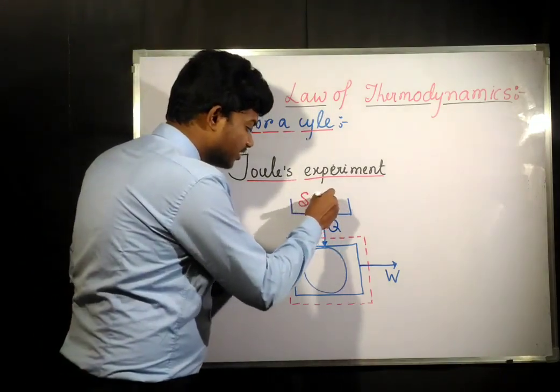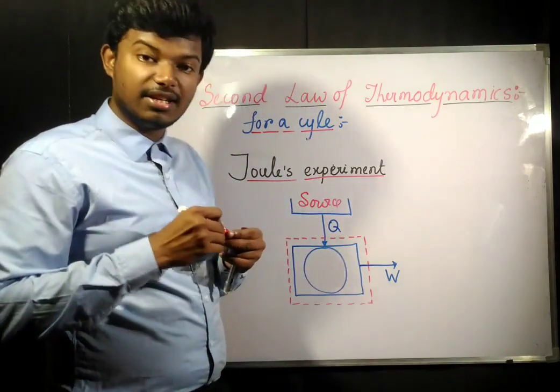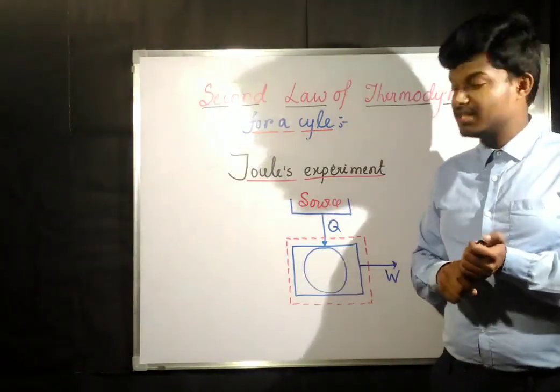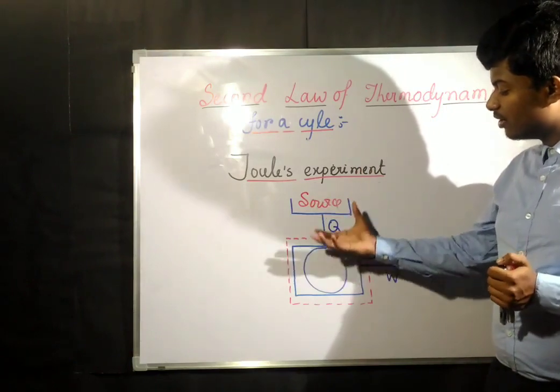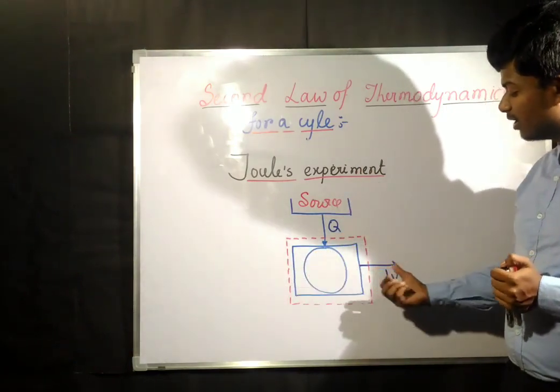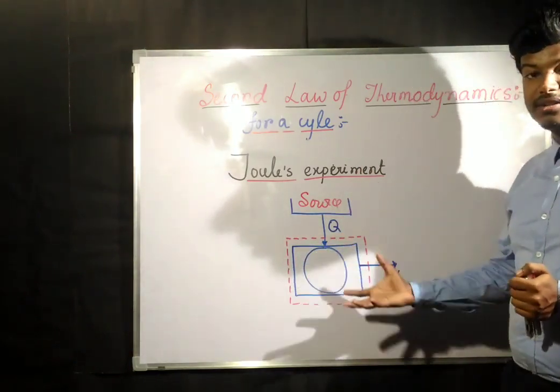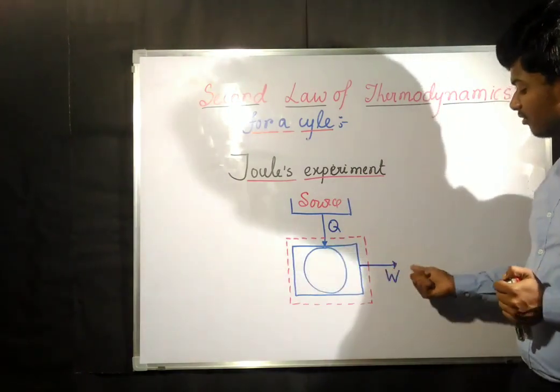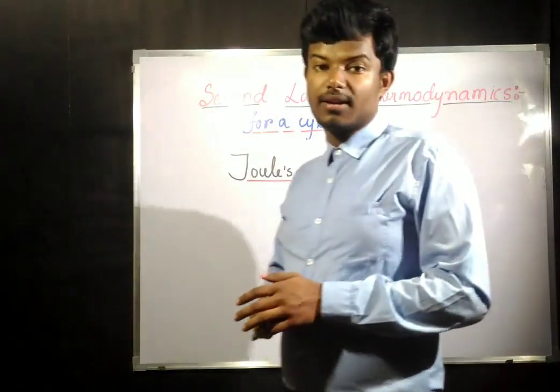Source means a thermal reservoir which can give any amount of heat continuously without its temperature being changed. So from a source you give heat, and that machine is going to give work continuously.